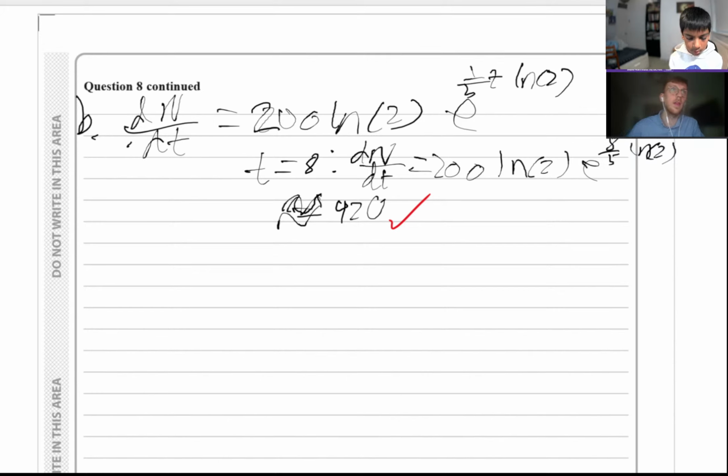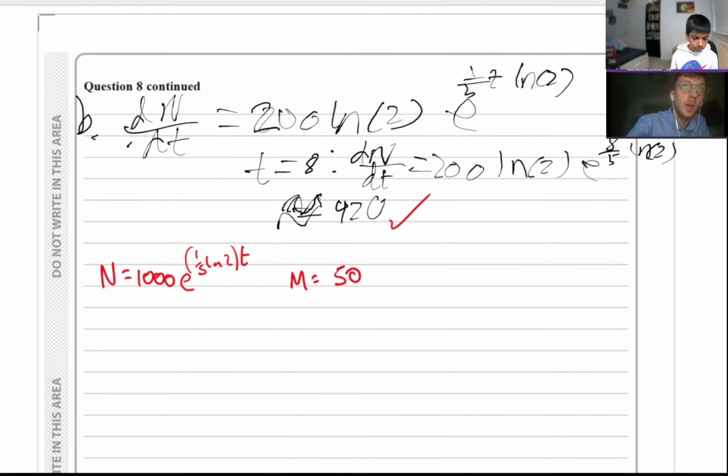So then what we can do, let me write down the 2 equations so you don't have to keep scrolling up. So we've got n equals 1000 e to the 1/5 ln2 t, and m equals 500 e to the 1.4 times k, but our k is the same, so our k was 1/5 ln2. So there you go, there are your 2 equations. So then it says find t where they're the same.